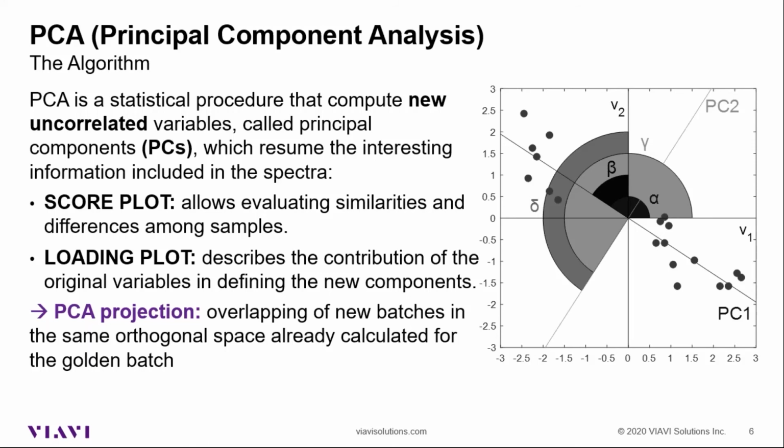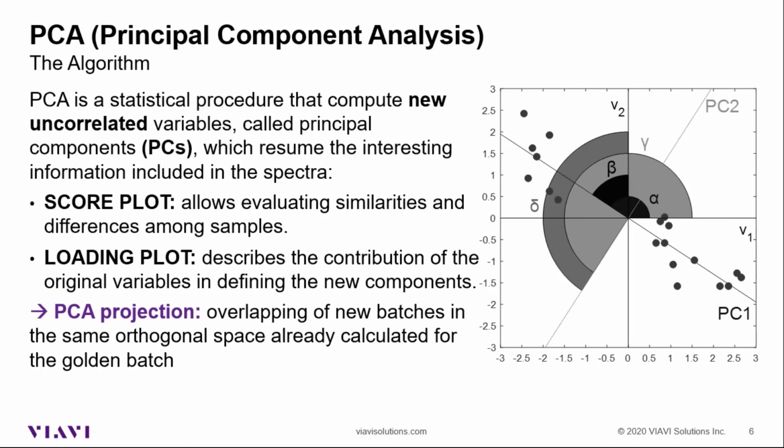The advantage of this technique is that we obtain 2 really simple and straightforward graphics: the score plot, which allows us to evaluate the similarities, the differences or the trends along the samples, and the loadings. The loadings are the reason why we can underline these similarities or differences. So it is a focus on variables, while scores is a focus on samples.